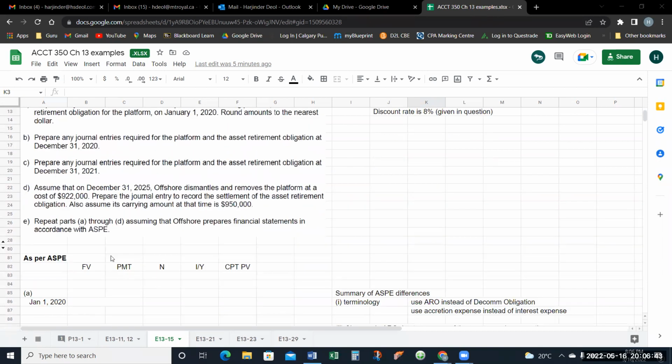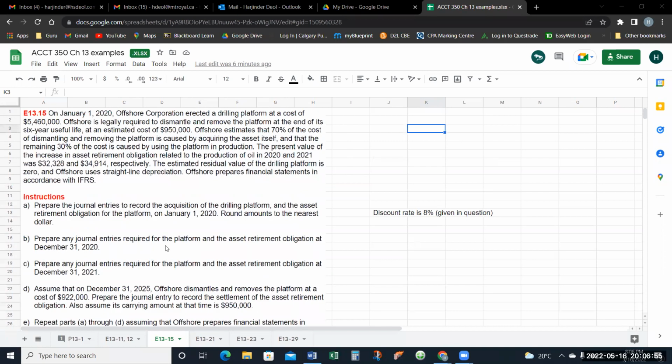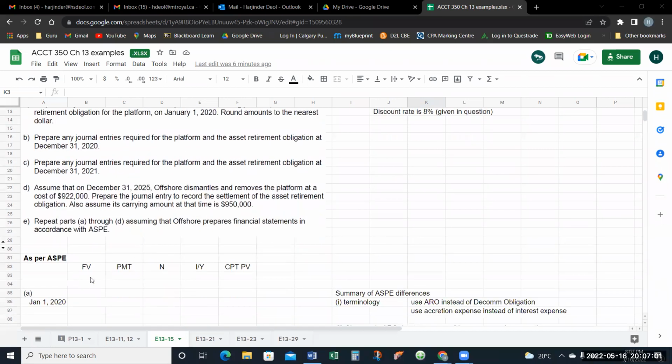So we were asked in part E to repeat parts A through D, assuming that the company prepares financial statements in accordance with ASPE. So under ASPE, we would still calculate the present value of the expected cost to dismantle the platform. So we're looking at a future value of $950,000.